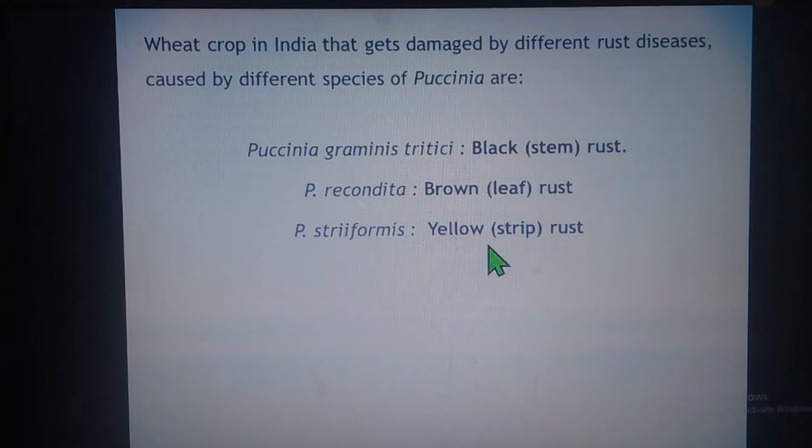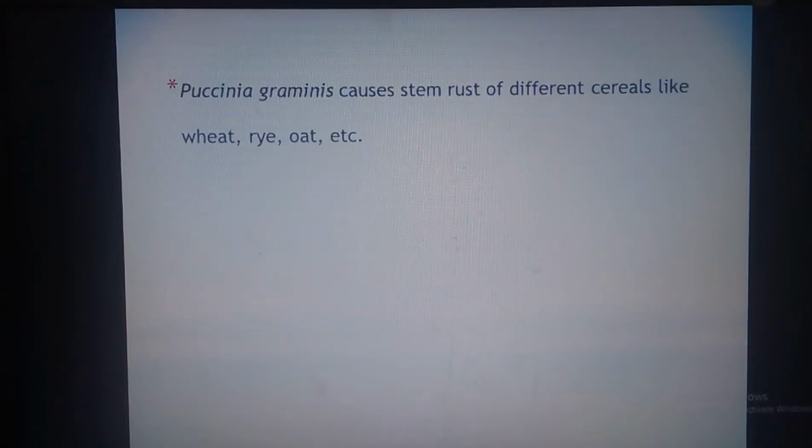In this particular video, we are going to discuss the life cycle of Puccinia graminis tritici. We know that Puccinia graminis causes stem rust of different cereals like wheat, rye, oat, and many others. One more thing is that it is host specific.